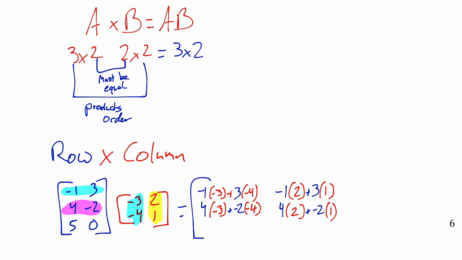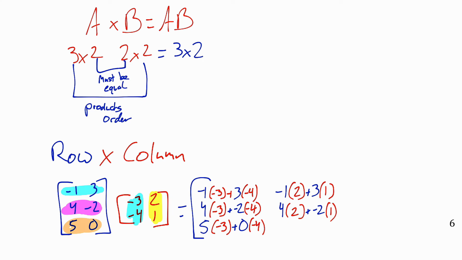So with that in mind, we're now going to move on to the final row of that first matrix, the 5, 0. So we're going to do 5 times that negative 3, still from that first column of the second matrix, plus the 0, that's going to be nice, times the second term of that first column of the second matrix, negative 4.